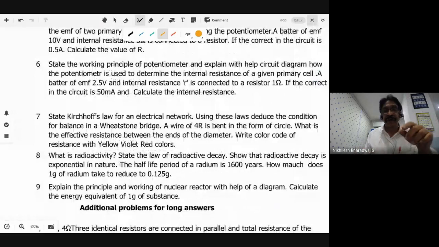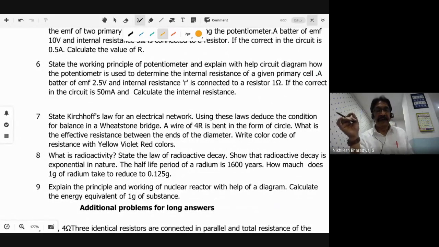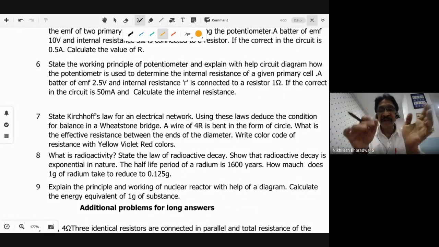State Kirchhoff's laws for an electrical network. Using the laws, deduce the condition for balance in Wheatstone bridge. Now everybody knows this.